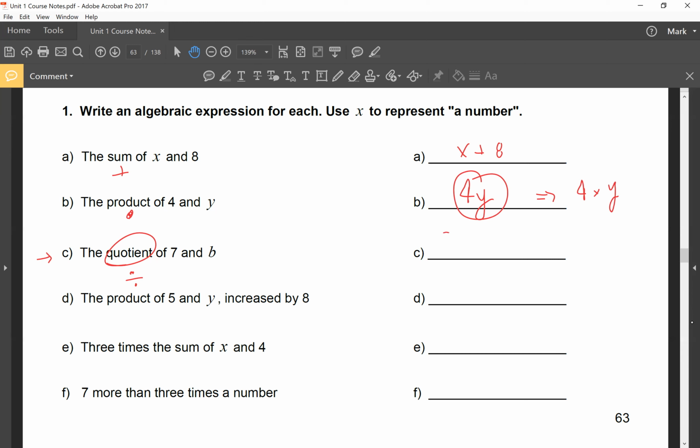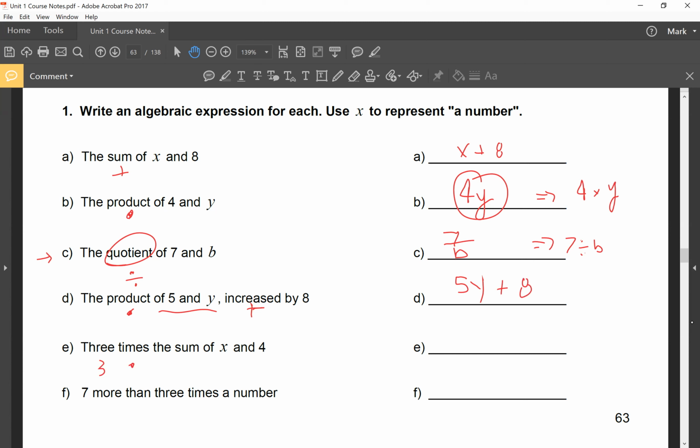The quotient of 7 and b is just 7 over b. Some of you may have written 7 divided by b, but I would rather you write it as a fraction. The product of 5 and y, so that's 5y, increased, sorry, that's a plus sign, by 8.